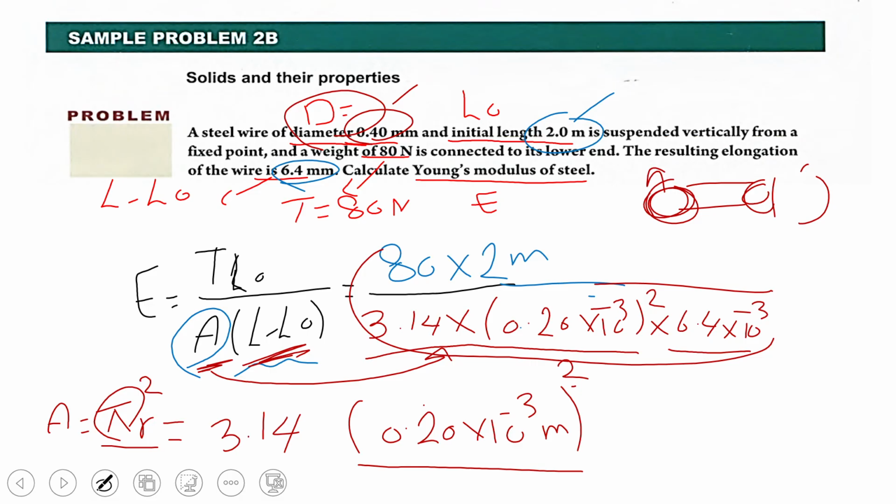Just use a calculator, but be careful of the unit. So the last answer: Young modulus is equal to 2 times 10 power 11 Pascal. The unit of Young modulus is Pascal, Pa.